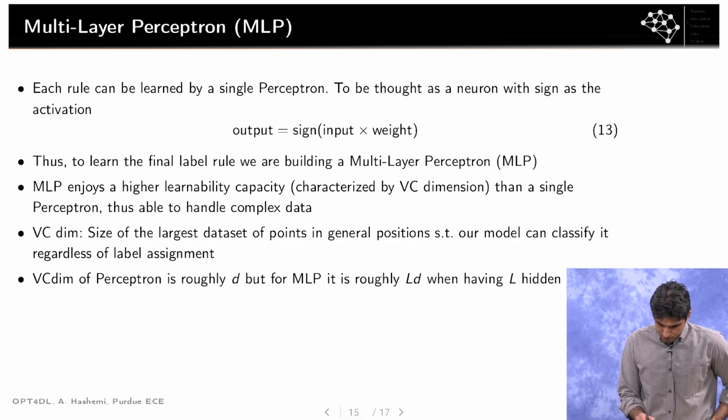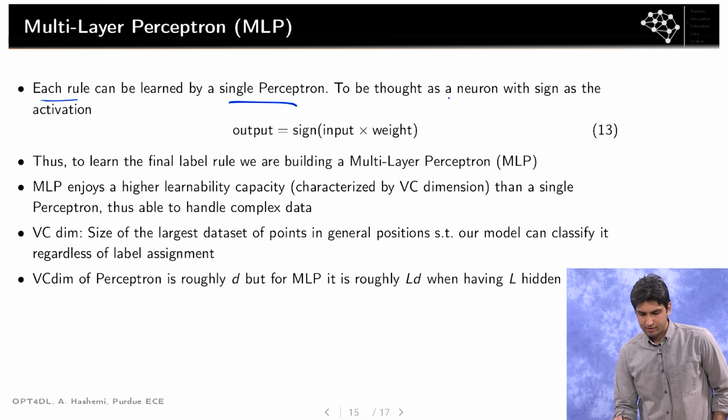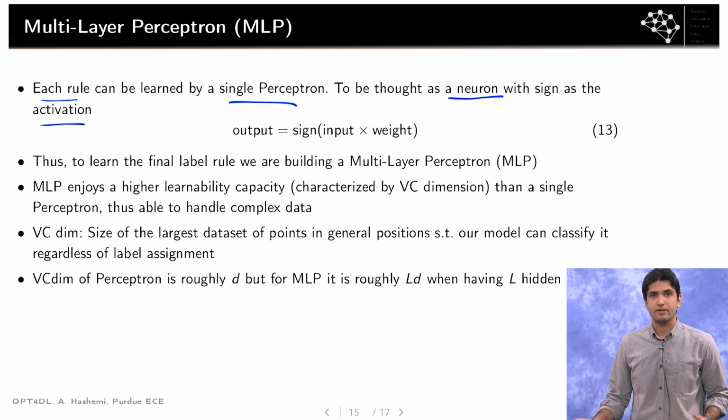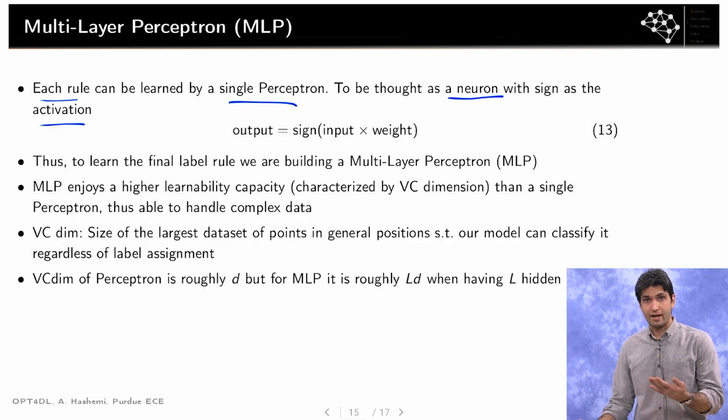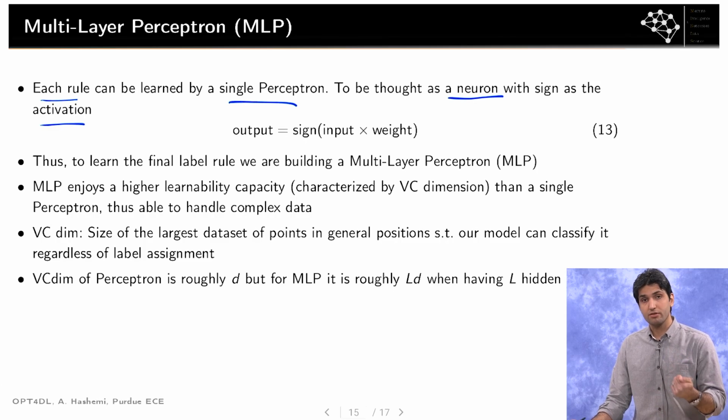So therefore, as I mentioned, each rule can be learned by a single perceptron. And again, we think of this perceptron as essentially a neuron with a sign activation function, because each one is looking at basically the sign of the inner product between the feature and its parameter W, and if the sign is positive, it's gonna return plus 1.